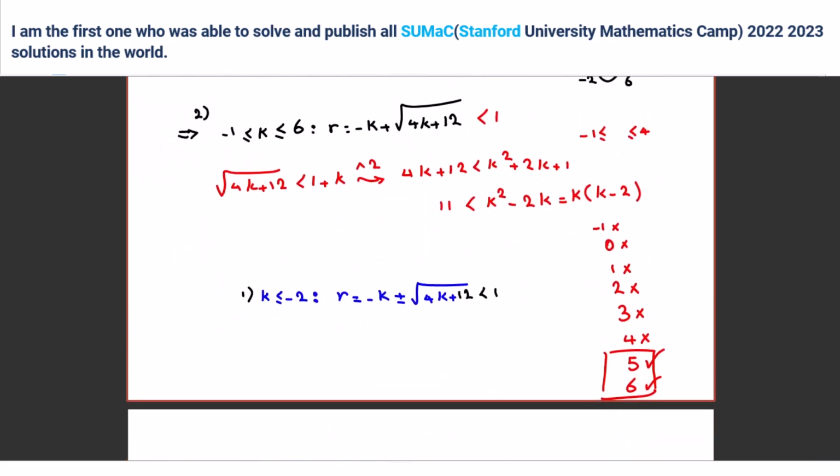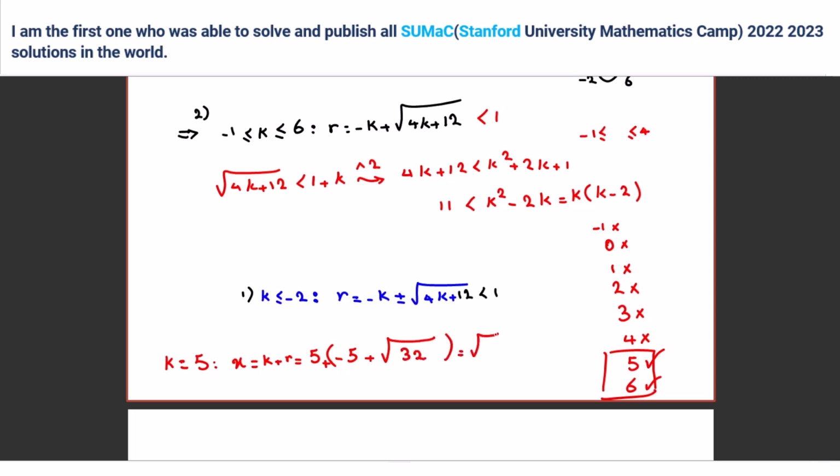So let's check, for example, for 5. When k is 5, our answer is what? X is k plus r, which is 5 minus 5 plus the square root of 4 times 5, 20 plus 12, 32.